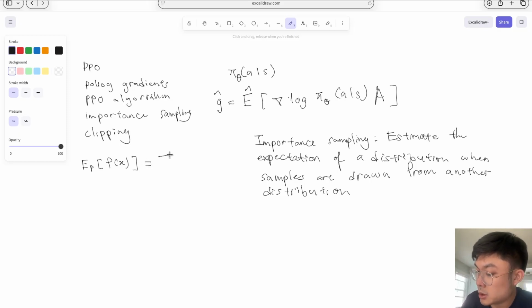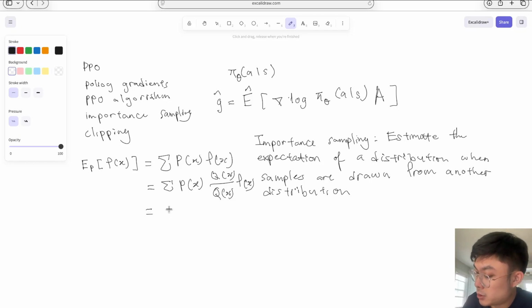Assume it is discrete, so this is something like the sum of p(x) f(x). Now suppose we have some other distribution q, so we can arbitrarily do some algebra.